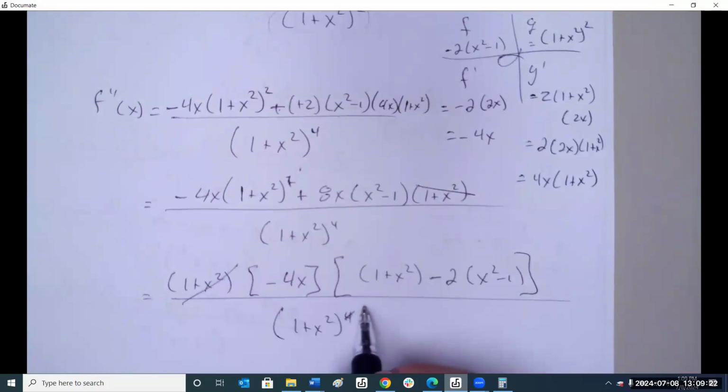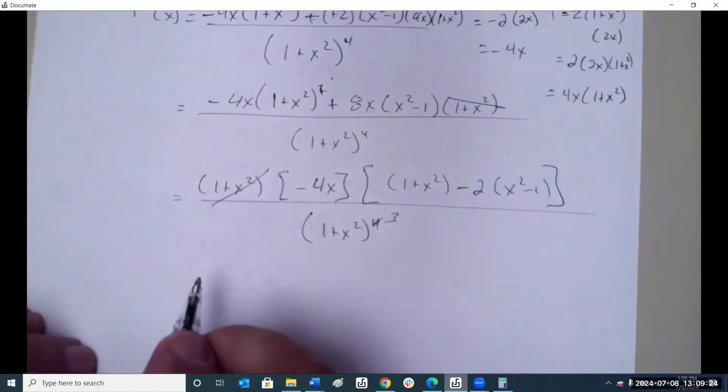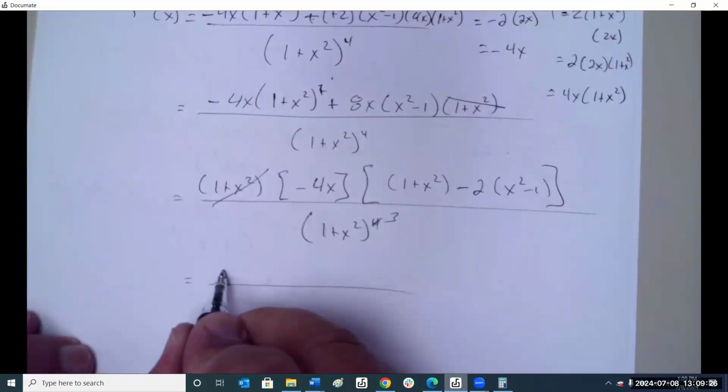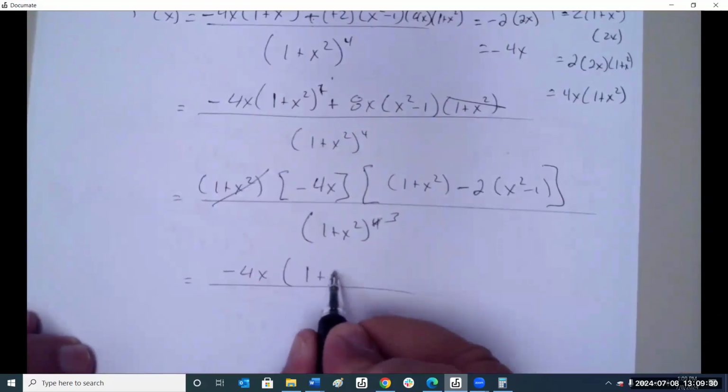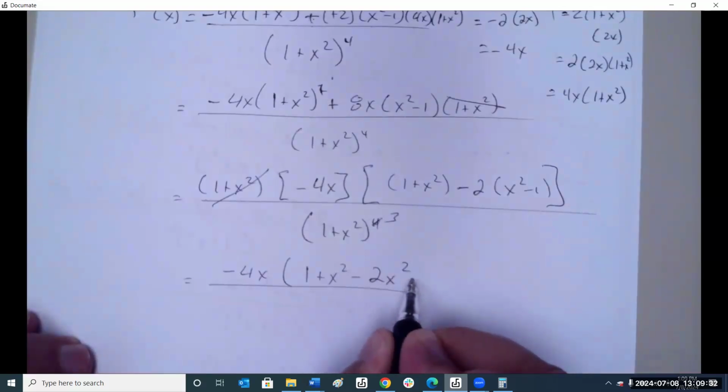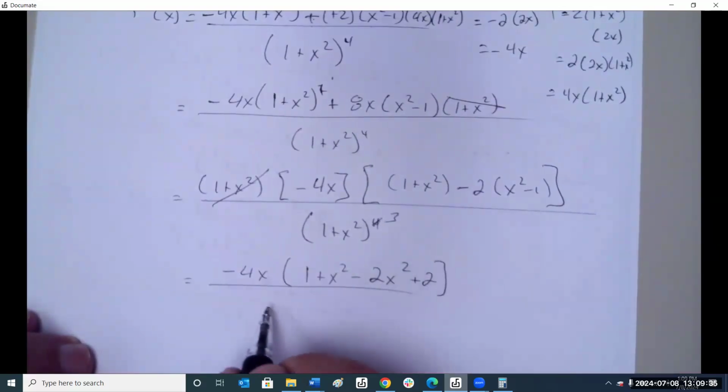So that cancels with that. Negative 4x, 1 plus x squared minus 2x squared plus 2.